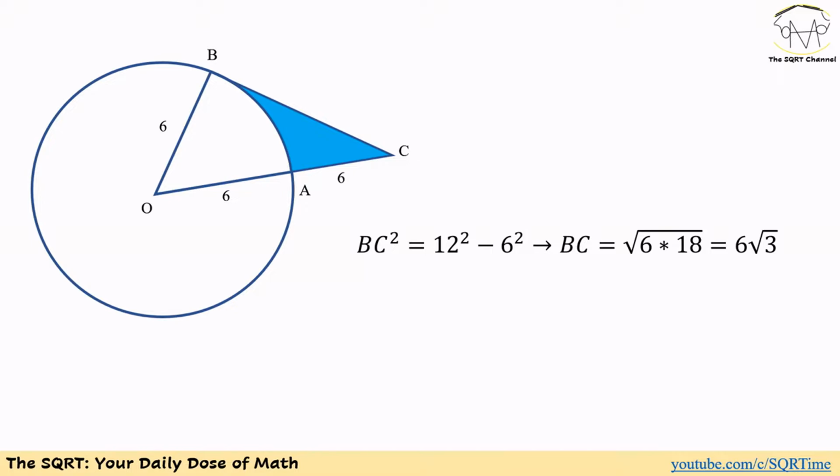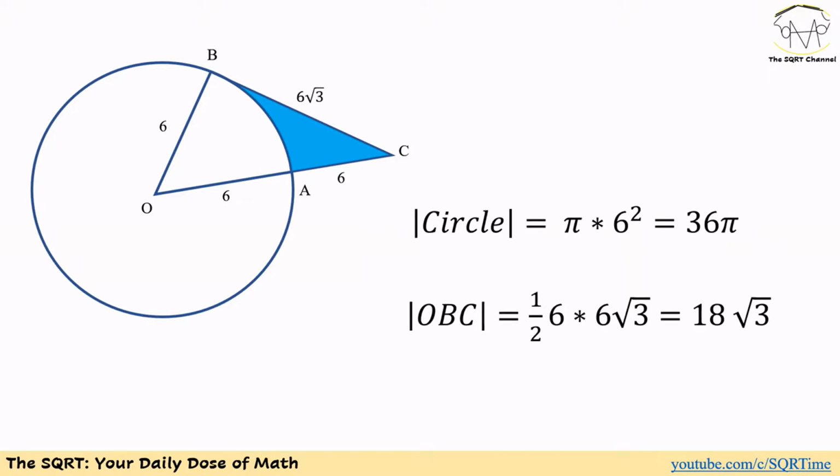So OC is going to be 12, and we can write 12 squared minus 6 squared is going to be BC squared. As a result, BC can be calculated as the square root of 6 times 18, which can be written as 6 times square root of 3.